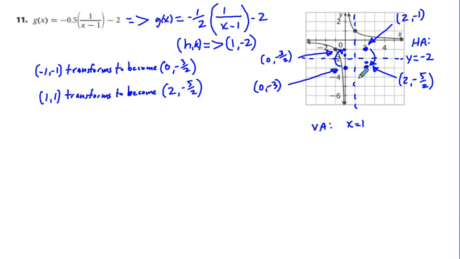What we've done is, on the right side of the vertical asymptote, that's going to look something like this.